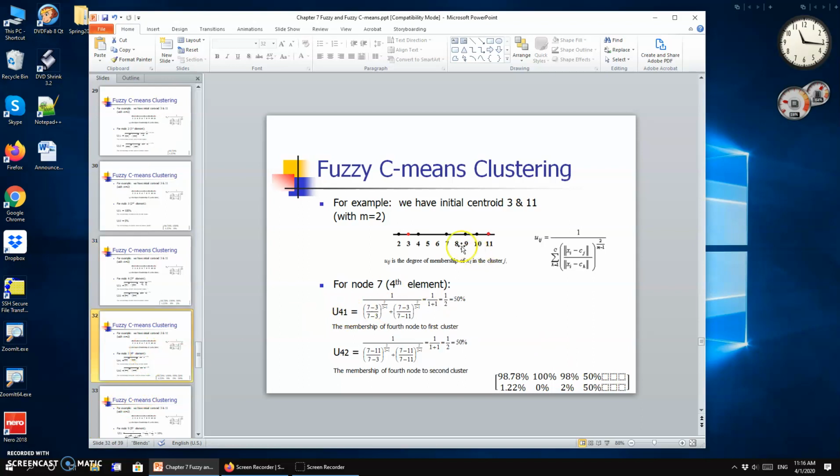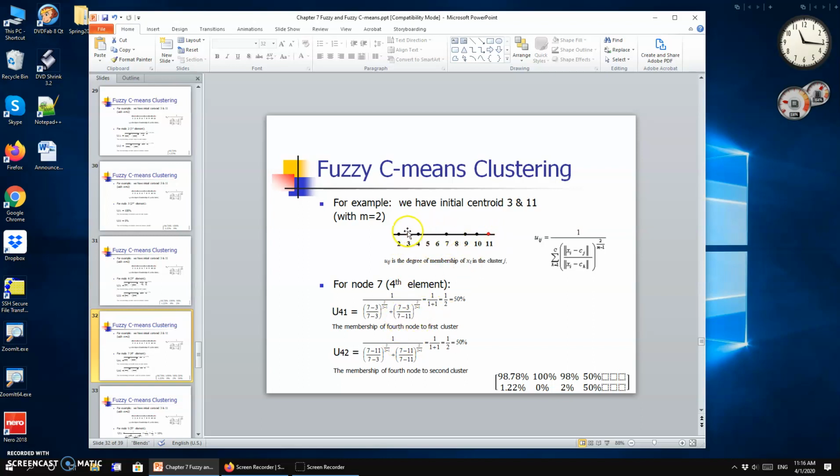Now, let's look into the most interesting one, node 7. I want you guys to see this one. To calculate the membership from node 7 to the first cluster and from node 7 to the second cluster, you use the same formula again. So to calculate for the first cluster, U41 equals 7 minus 3 over here, divided by 7 minus 3, plus 7 minus 3 divided by 7 minus 11.